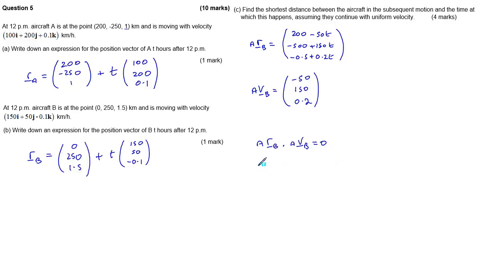So what we need to do is solve (200 take away 50t, negative 500 plus 150t, negative 0.5 add 0.2t) dot (negative 50, 150, 0.2) is equal to 0.